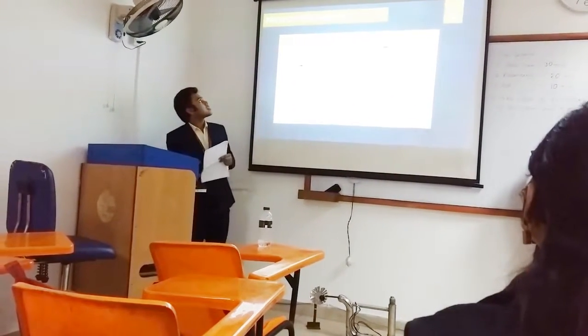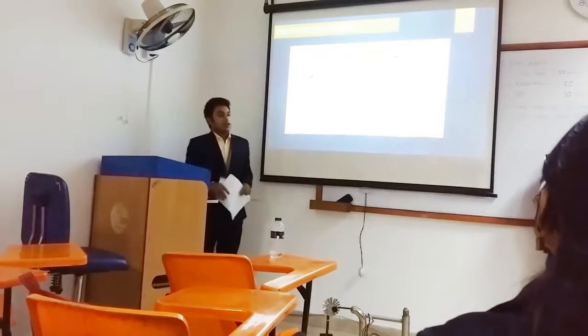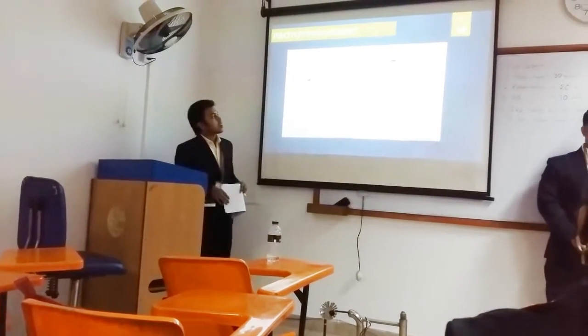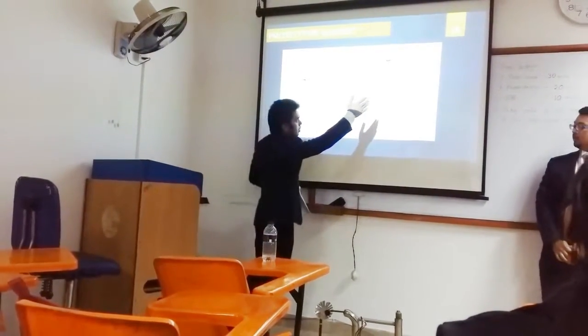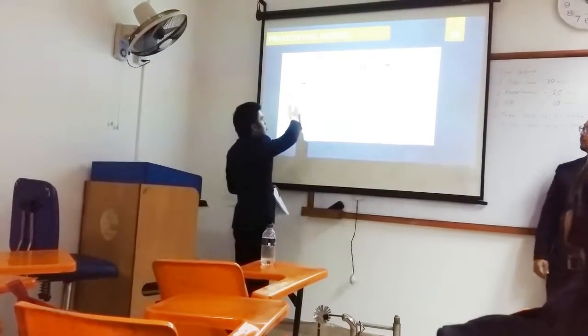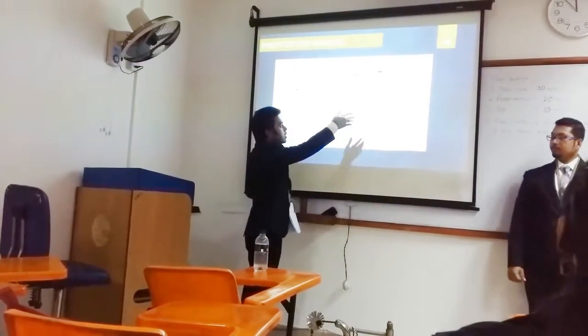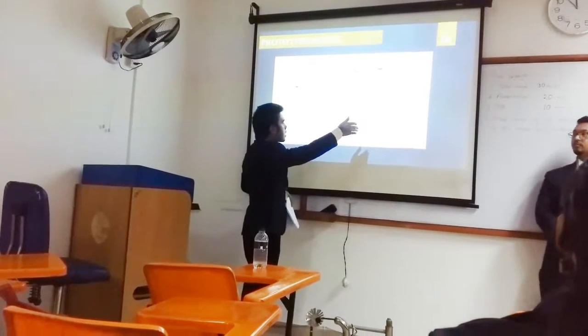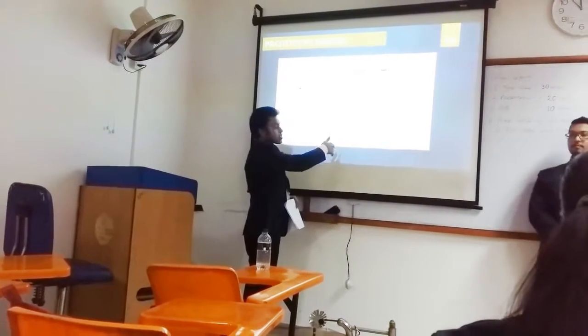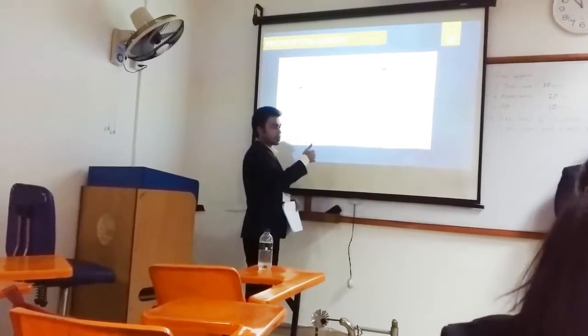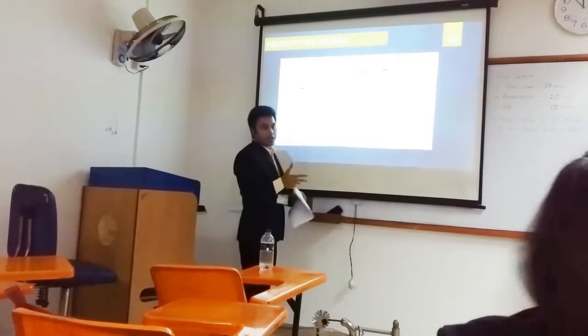Here is the block diagram of our prototype model. This is our input pipe and this is our output pipe. We input water through this pipe and this is our heater, representing the underground heat system.